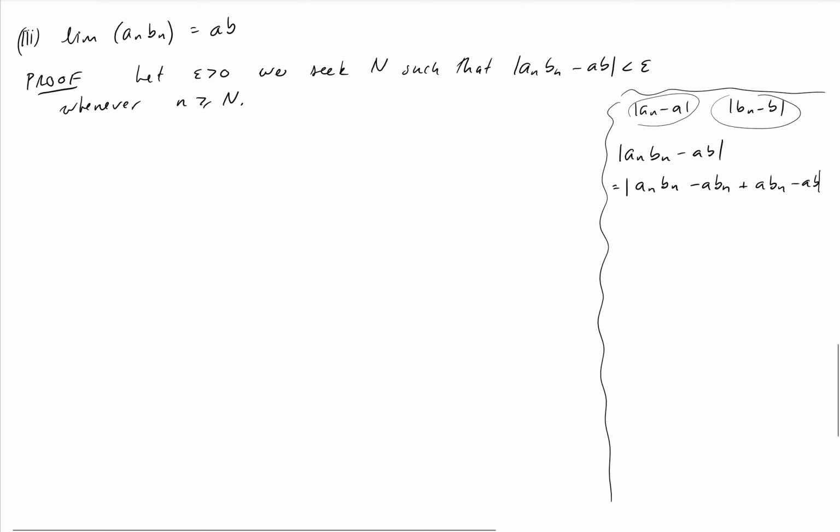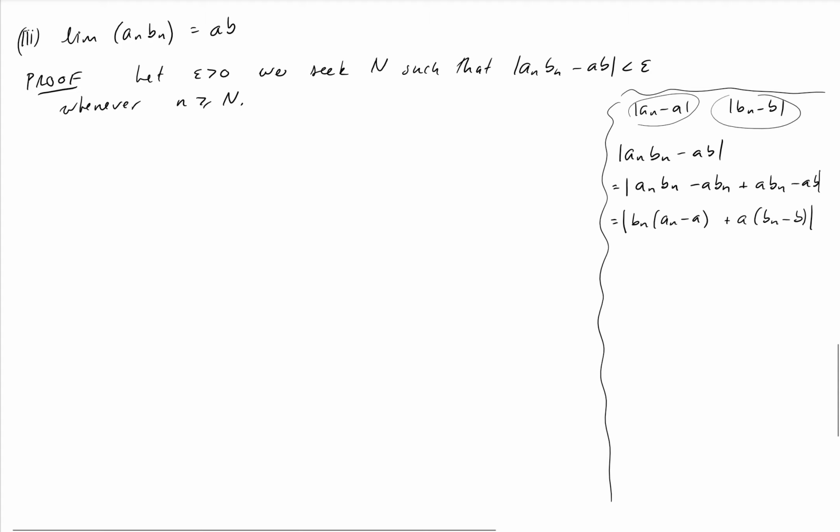So again, we can use the triangle inequality in a second, but we'll just factorize out the pieces first. So that's going to be bn times an minus a, plus a times bn minus b. Cool. So far so good.